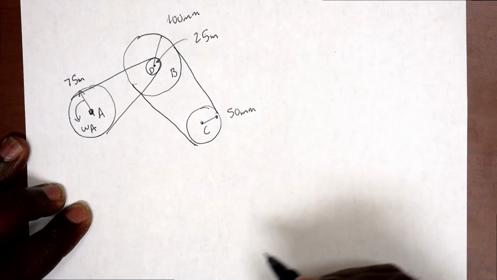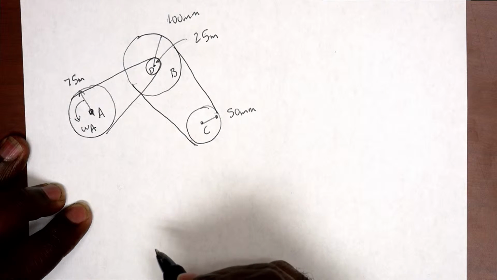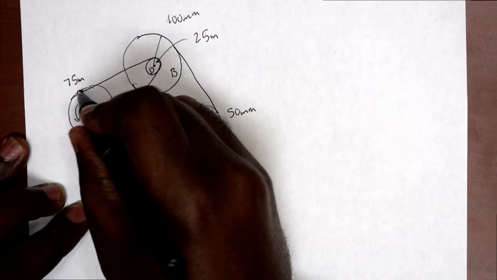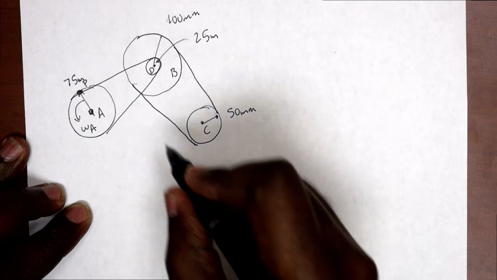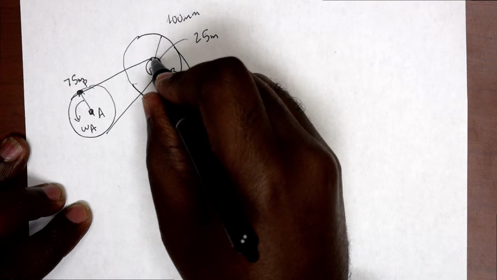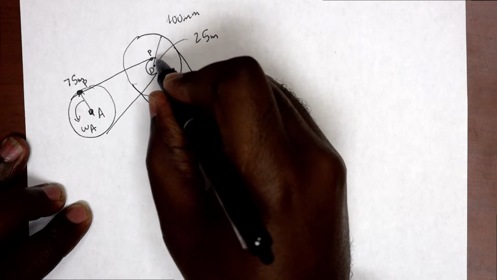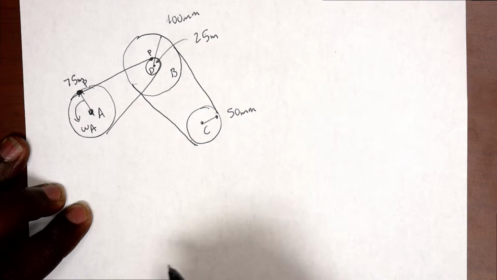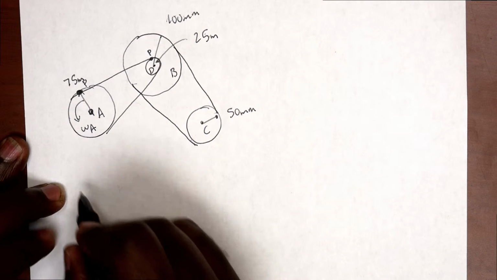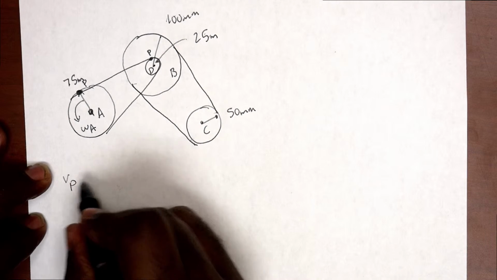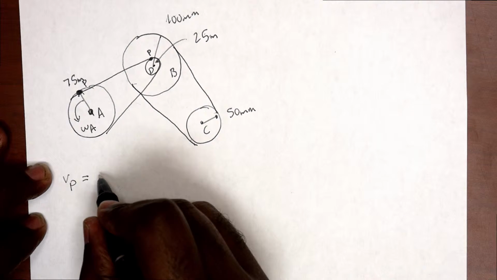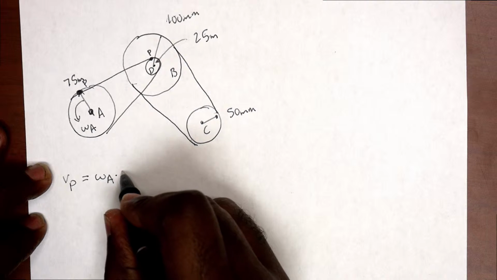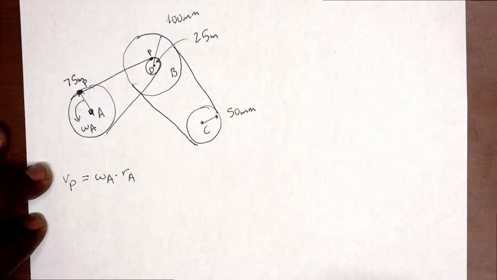So since this is a pulley, what we must focus on is the fact that the velocity at point, let's call it point P here, is equivalent to the velocity at point P here on pulley D, right? And so if we write the equations for that velocity, we'll know that V of P is equal to omega A dot RA, okay?